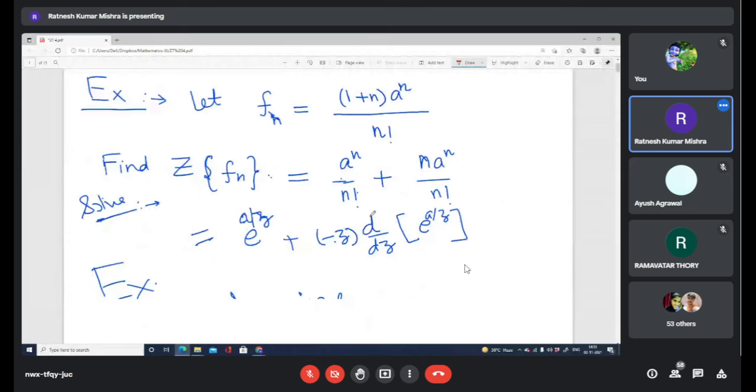So this is the what? This is the inverse Z transform of fz into gz.